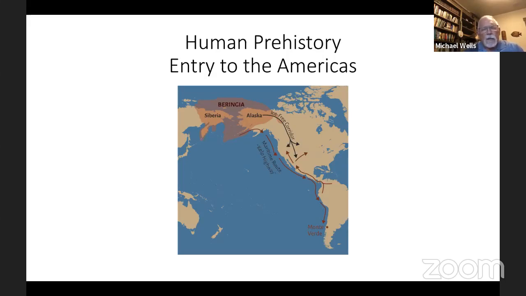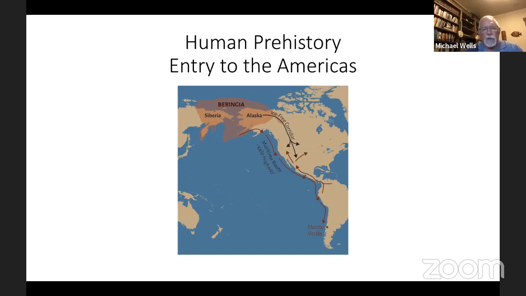That theory holds that the people that were to become Native Americans migrated into North America by following the continental margins and the very rich biomes that you find along there. If you think about it, if you're walking along the shore, and especially if a lot more shoreline was exposed back during the Pleistocene, when sea levels were about 100 meters lower, there's a lot of good stuff there.